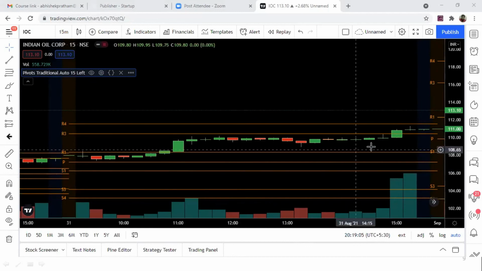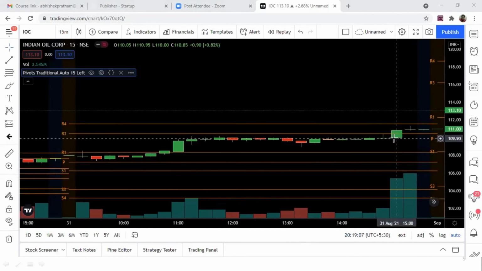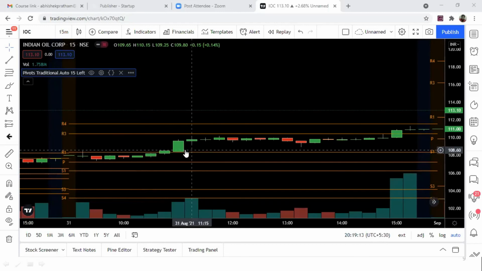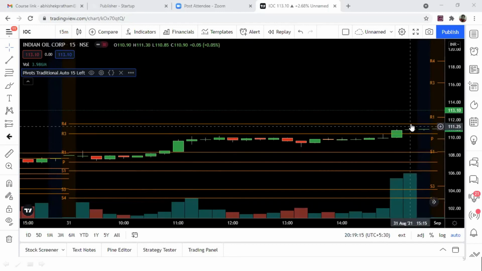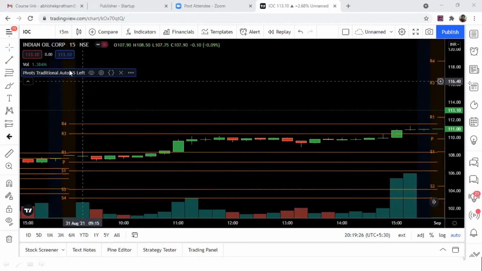Mr. Krishnan, are you getting this? So the indicator itself will give me a probable target. Once I am buying above R1, it can give me R3 also, and many times you can get R4 also, right? So the indicator itself is helping me here.